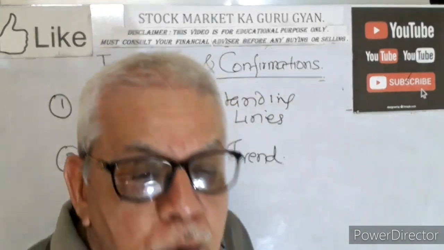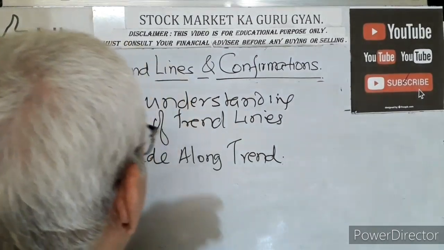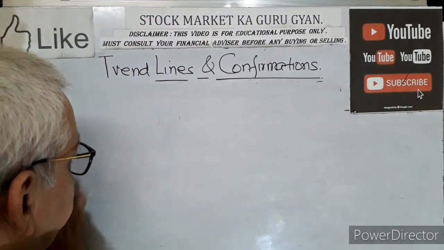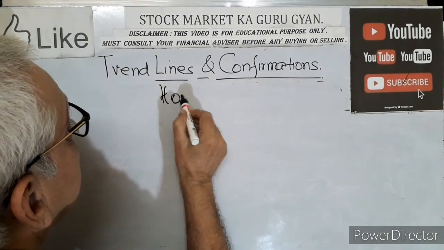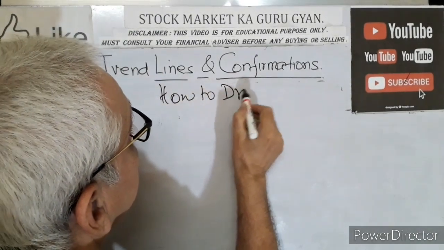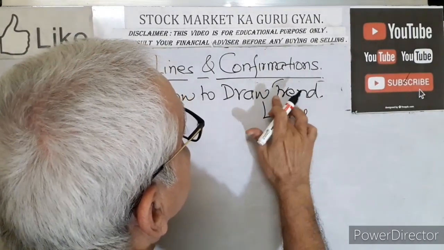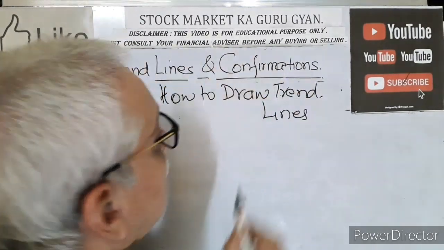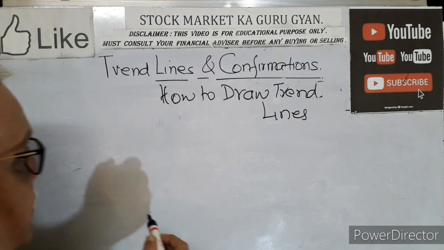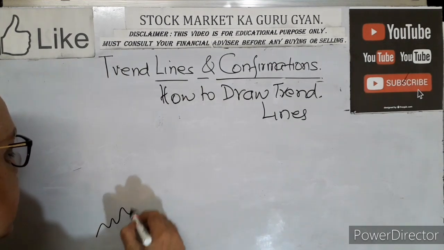Actually, there can be no change in this setup, number one. Then, friends, we will see how to draw the trend line. So first of all, friends, let us see the trends basically are of three types.